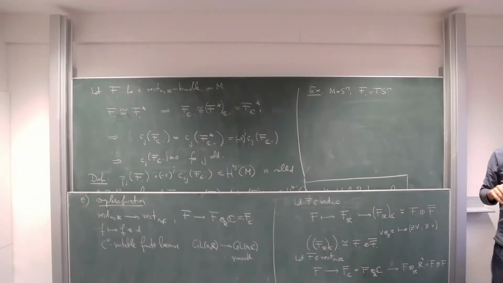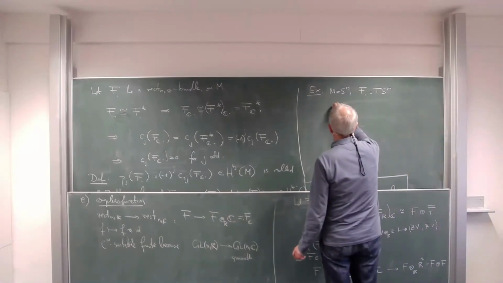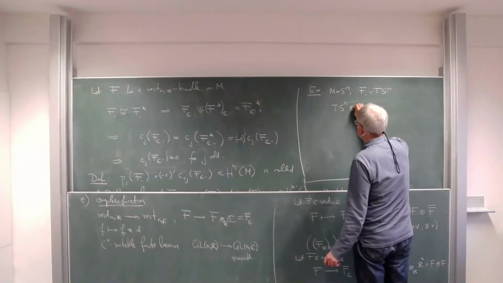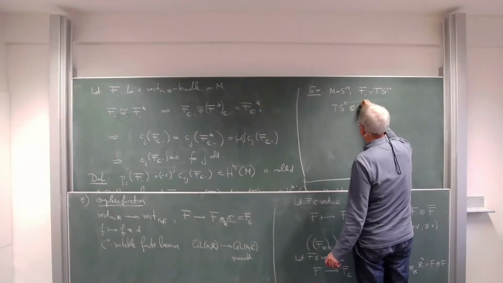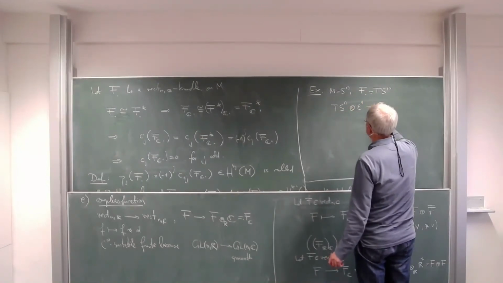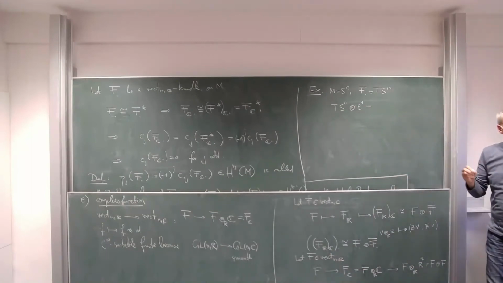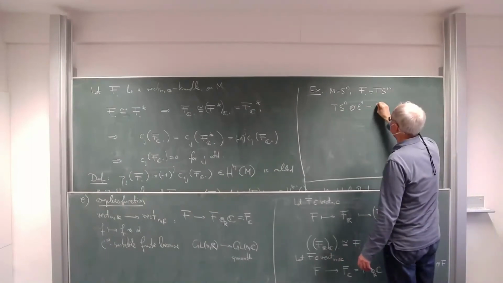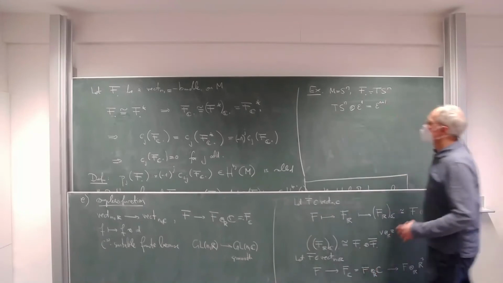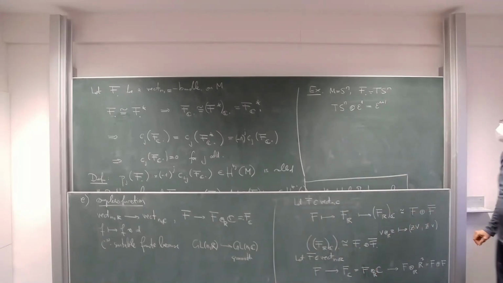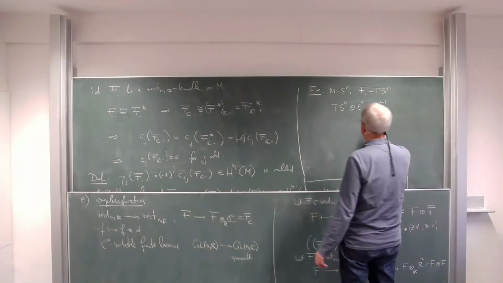But it's always stably trivial. What we remember is that if I add the normal bundle in R^(n+1), then I get the bundle of R^(n+1), which is trivial. So the bundle is stably trivial. And this is as real bundles.